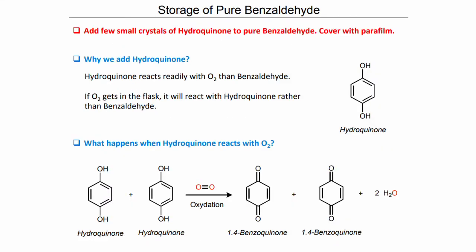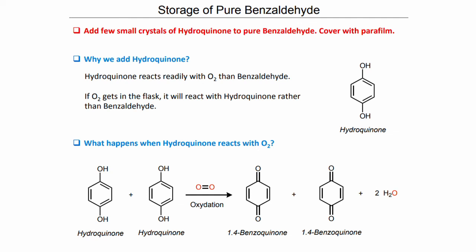Once we filter our benzaldehyde, we now have a very pure benzaldehyde that can still react with air and form benzoic acid. To protect our sample, we use small crystals of hydroquinone. We drop them in a beaker and cover it with parafilm, because hydroquinone reacts with oxygen faster than benzaldehyde does.